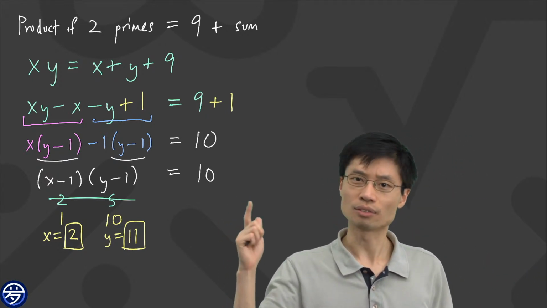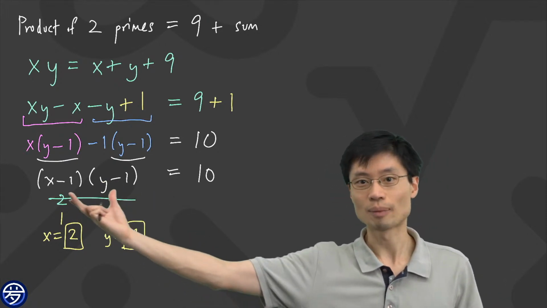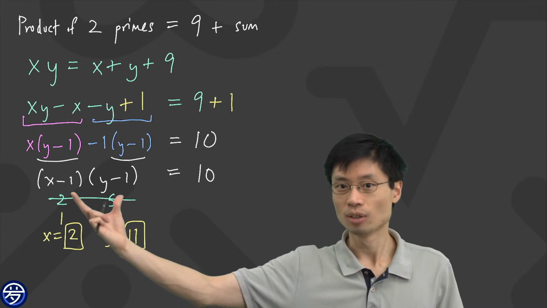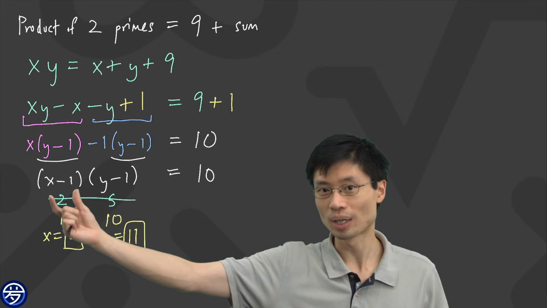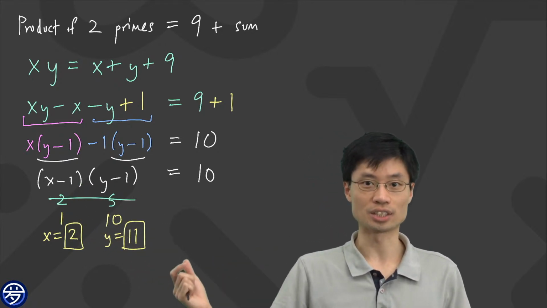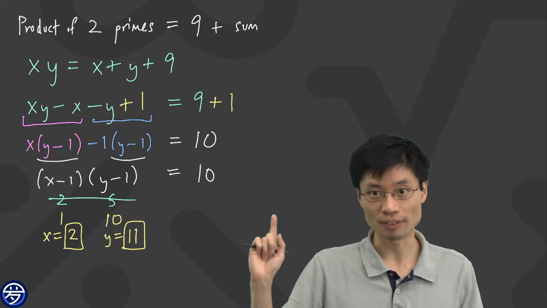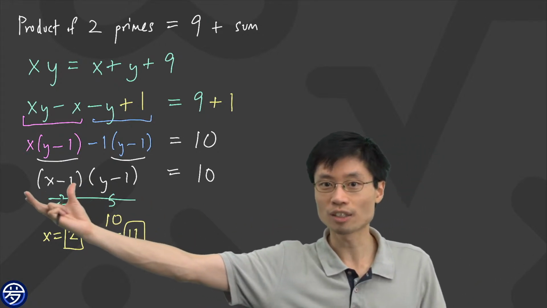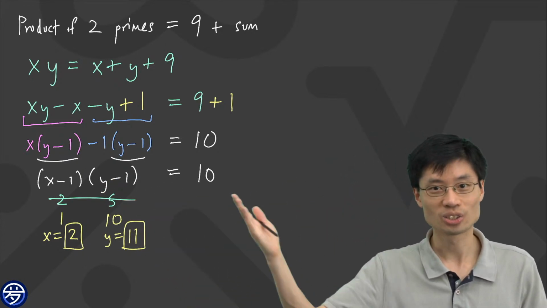Well, how else could you factorize 10? If I want to have prime numbers x and y, then my prime numbers will be integers. But furthermore, if you take any prime number minus 1, that's still going to be a positive integer. So if x and y are primes, then that will give me a factorization into two positive integers that multiply to 10.